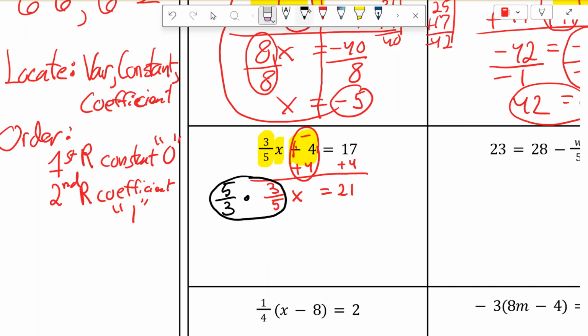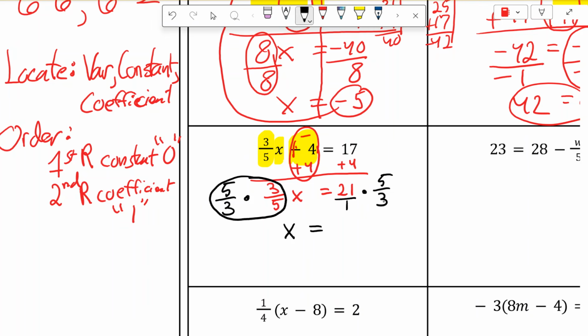So since that gives you a 1, by going 5 times 3 and 3 times 5 is 15 over 15, which is +1. We will do it to the other side as well. 5 over 3. X will come down, so is the equal sign. And 21 can be made into a fraction by putting it over 1.